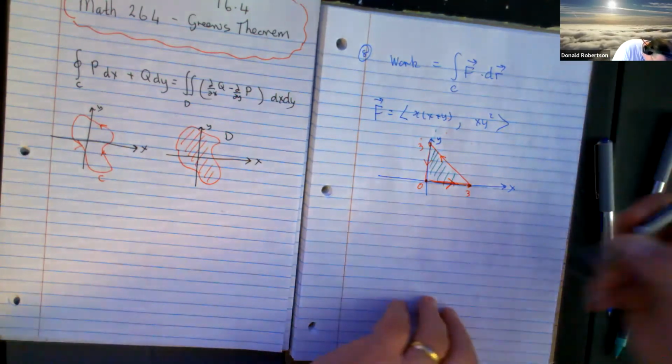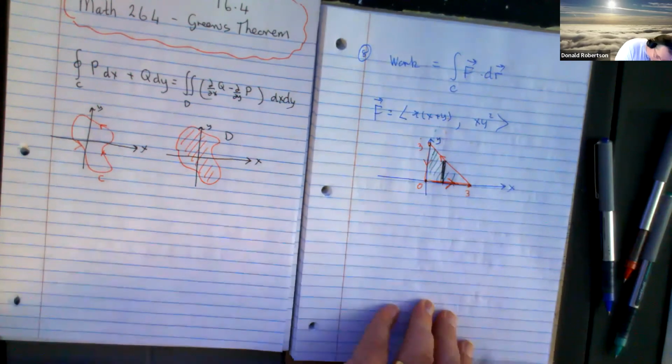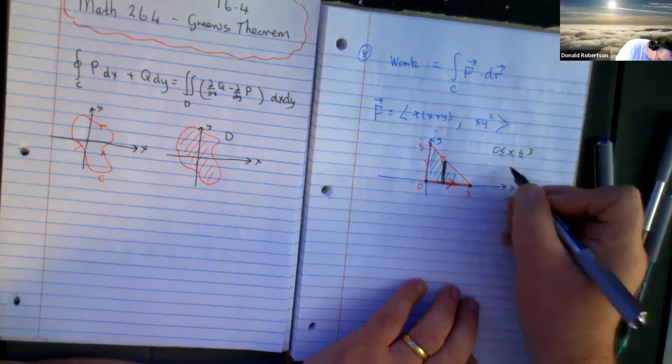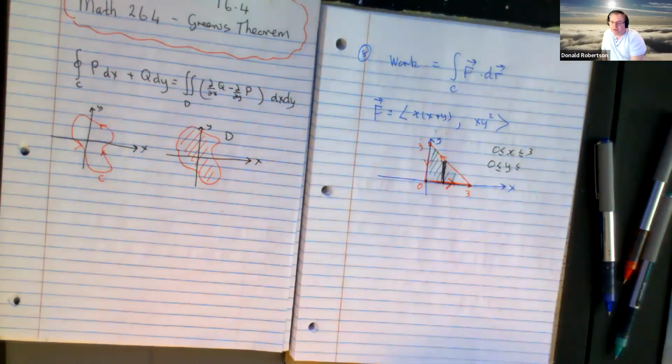So, type 1, x goes from 0 to 3. Anybody want to have a shot at the equation of the sloping line?